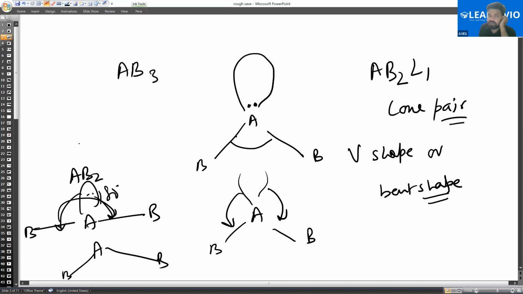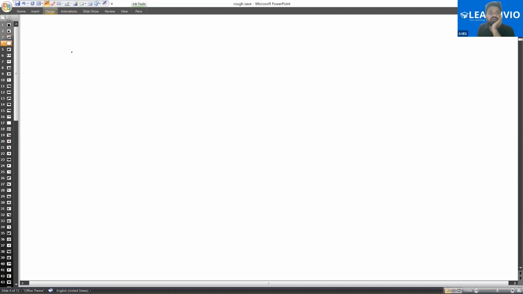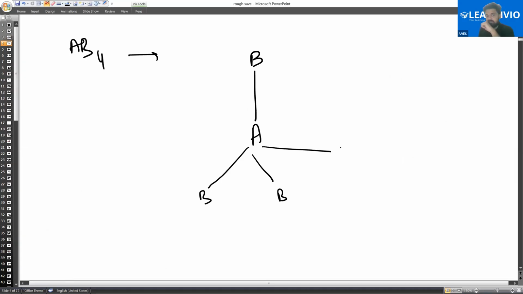Got it? Yes, sir. Suppose we have an AB4 molecule, then its shape is tetrahedral. Just imagine, we have 4 B's, so the shape will be tetrahedral, like this. This is AB4.